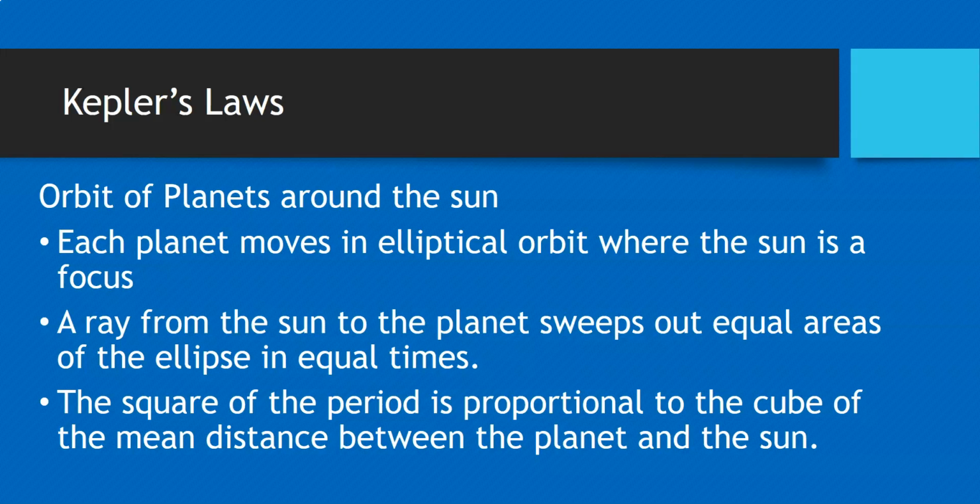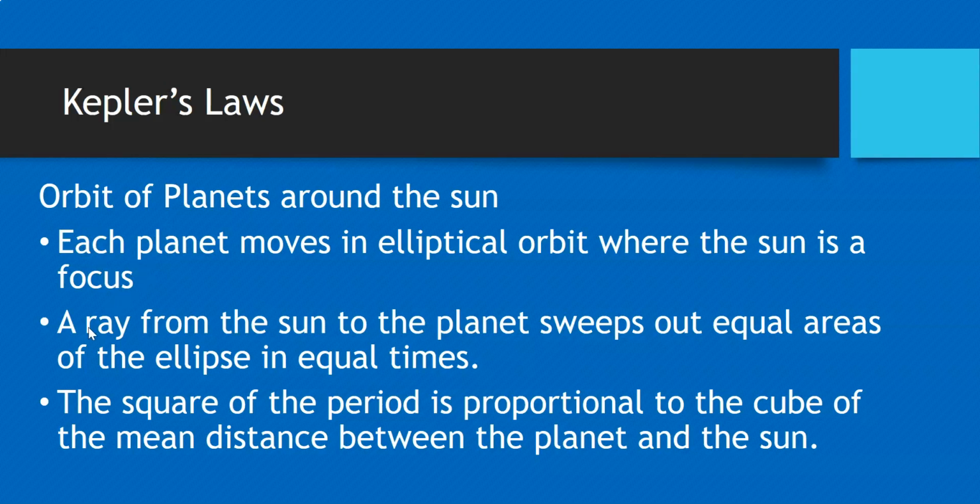For instance, asteroids orbiting around big bodies, or moons orbiting around really big planets, or comets orbiting around the sun, and things like that. So, not just planets, but Kepler's law says this.